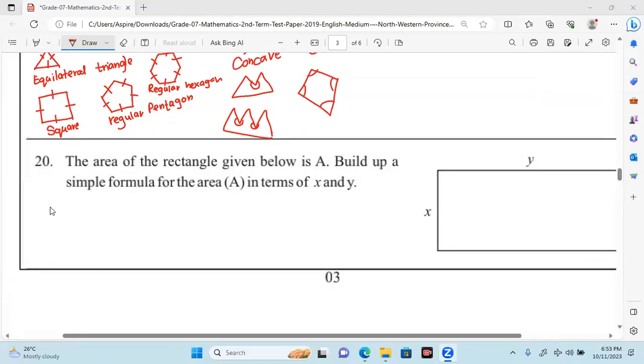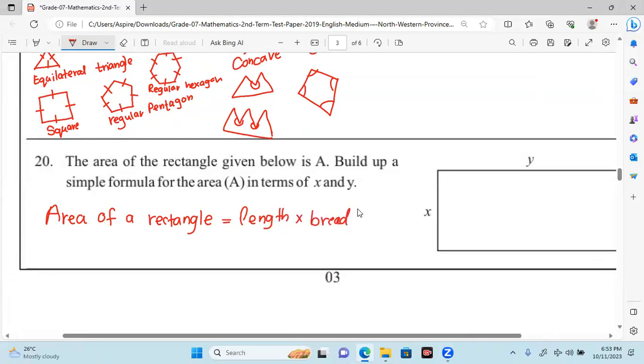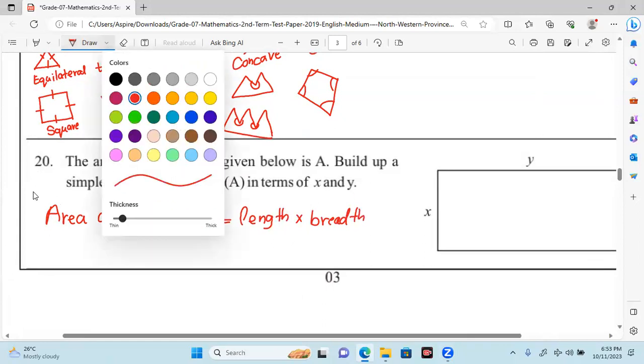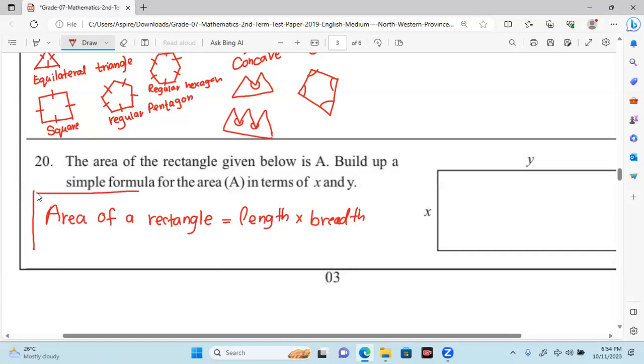Do you remember that to find the area of a rectangle, there is a formula, or we can call it an equation. The area of a rectangle is obtained by its length multiplied by its breadth.